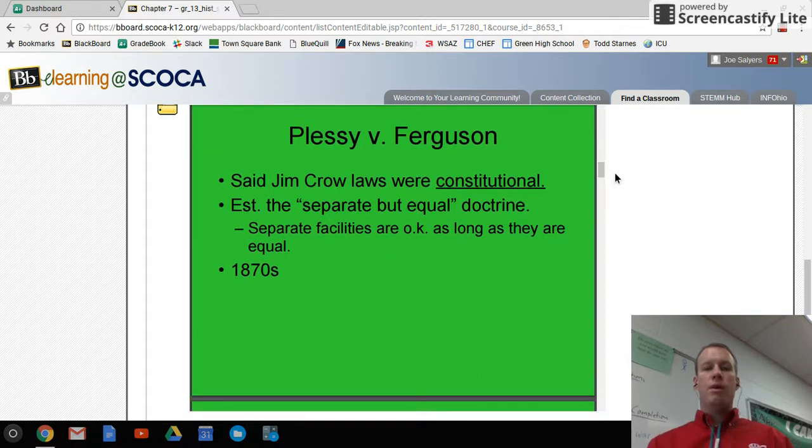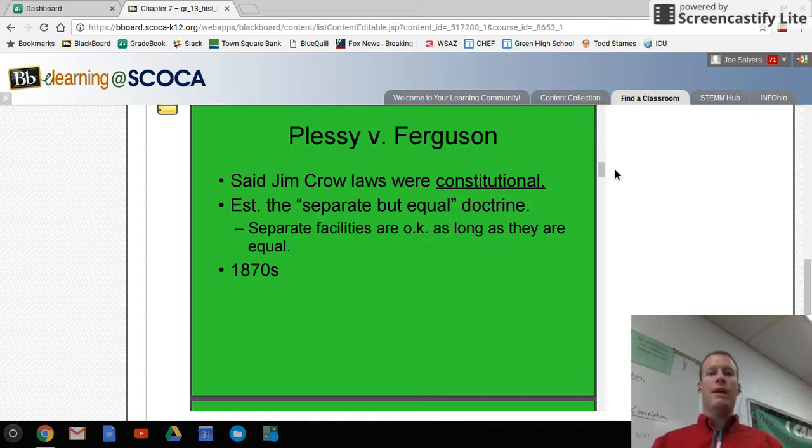One of the Supreme Court cases that was very famous during this time is the court case Plessy versus Ferguson. In this case, a person that was part African American, part white, had tried to sit in the white section of a train car. He was forced to move. He sued the government, and it made it all the way to the Supreme Court. The Supreme Court said in Plessy versus Ferguson that Jim Crow laws were constitutional.